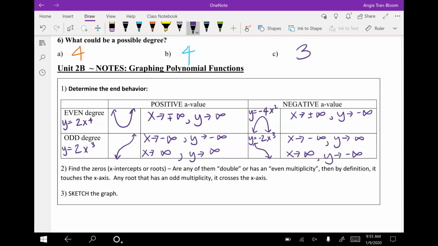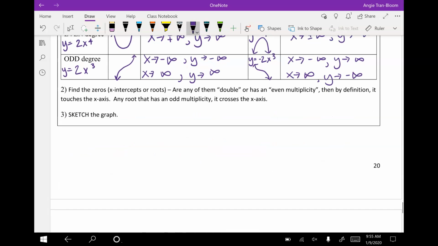Okay, so let me give you an example. I want you to understand this more than anything, okay? The third one is just obviously sketch. You guys just took a quiz on cubic. So I'm going to give you -1 times x minus 2 cubed. What's your a value? -1.